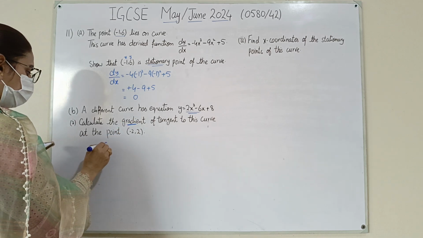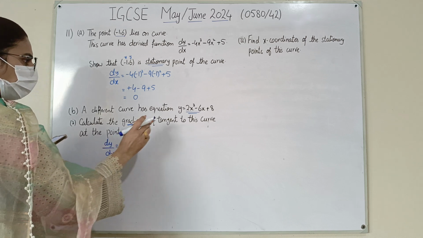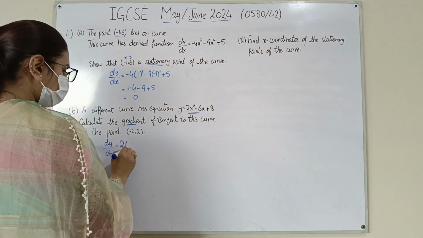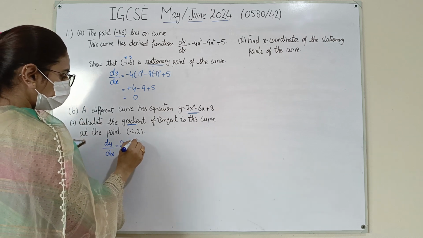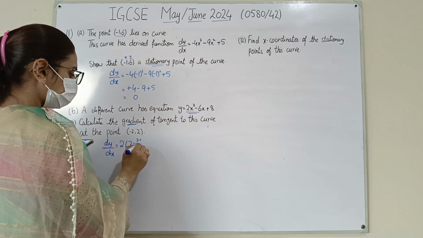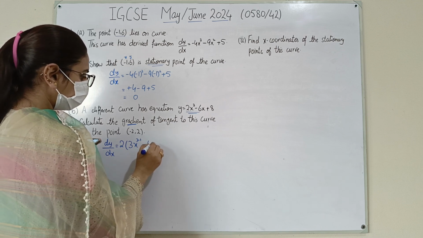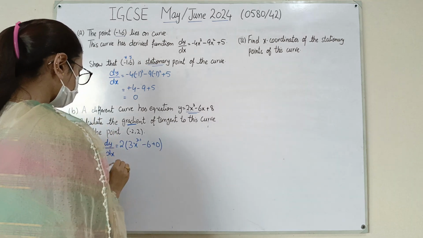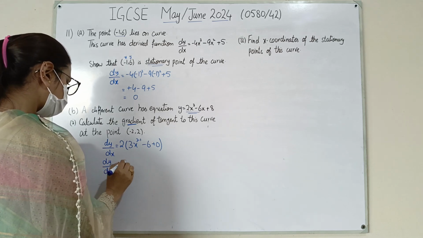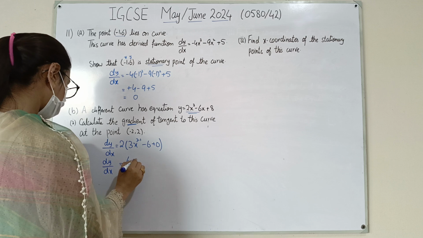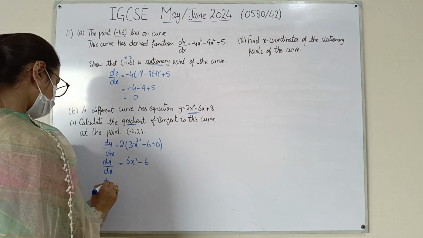So the derivative will be dy by dx: the power comes to the front, power 1 less, the derivative of x will be 1 and the derivative of 8 will be 0. So what is the answer over here? 6x squared minus 6.